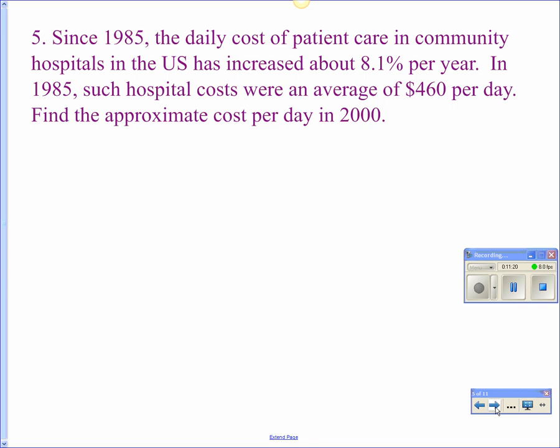Zach, what would I do first? Good. So y equals 460 were the original cost in 1985. So 460 were what the cost started out being. So 460. Then I see 8.1%.